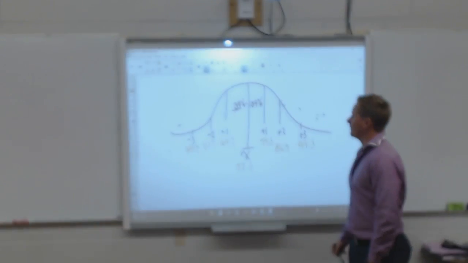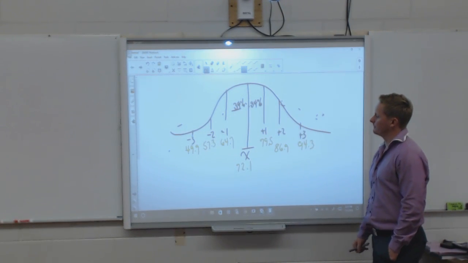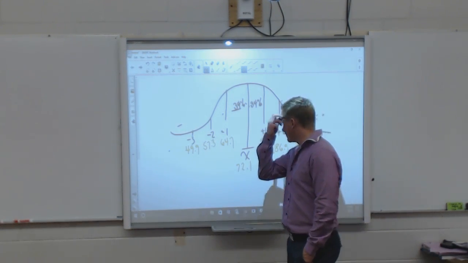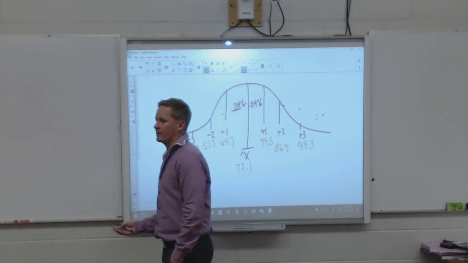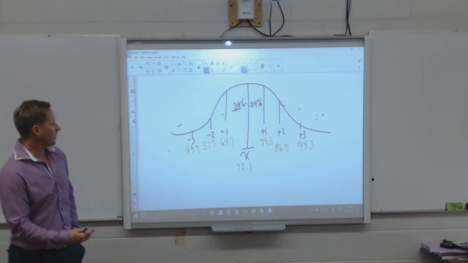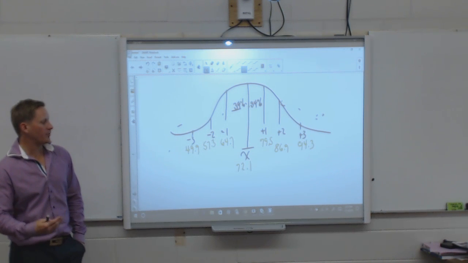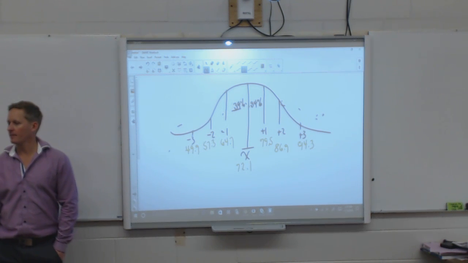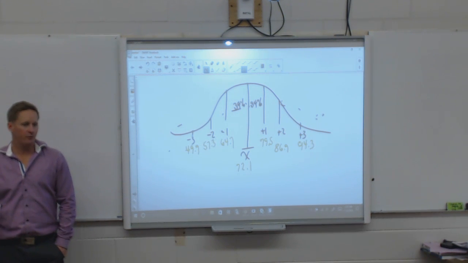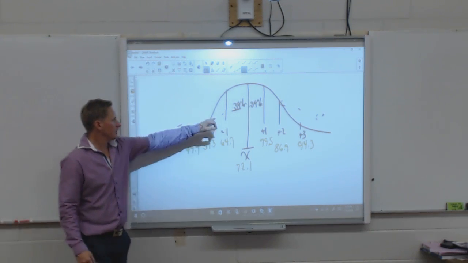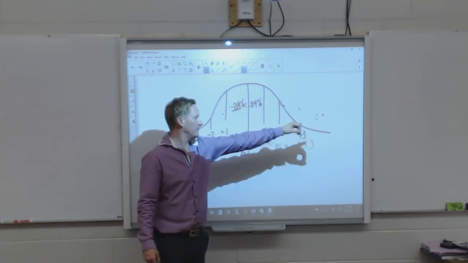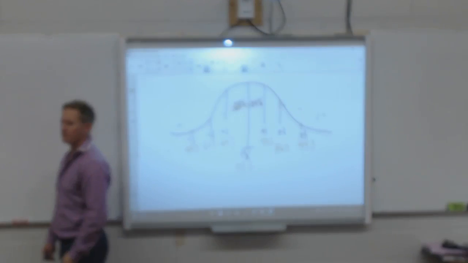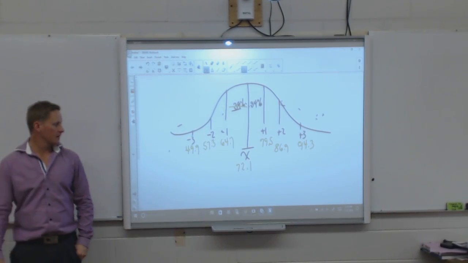Okay, so now, if I'm looking at my chart, what percentage of the kids' grandparents were older than 64.7? 84%. Right? 34 here, and then 50 over there. Okay?